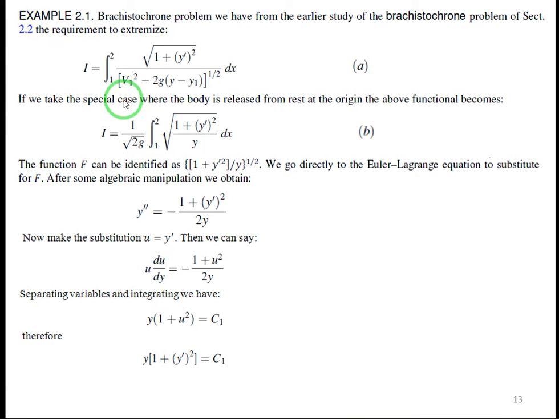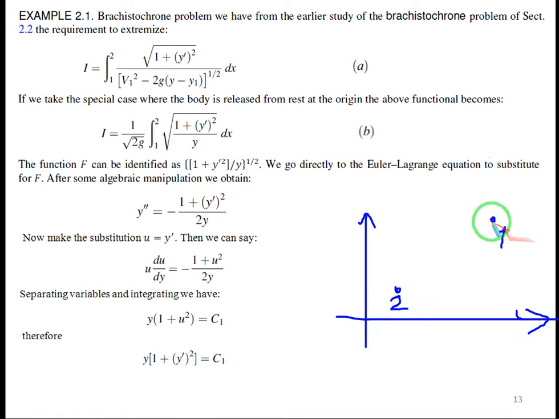We have formulated the problem as follows. y of x is the path of the mass. Let me draw it. This is point 1 and this is point 2. We know x1 and y1, and we know x2 and y2.